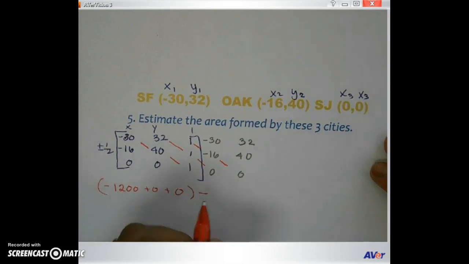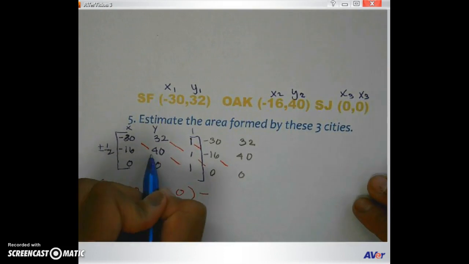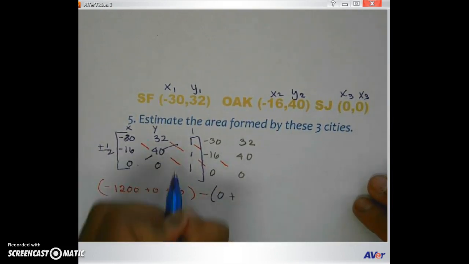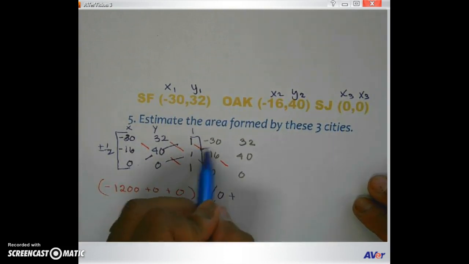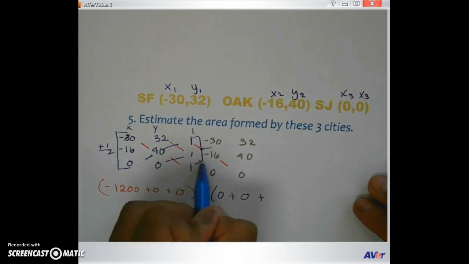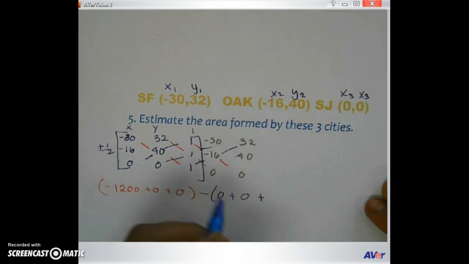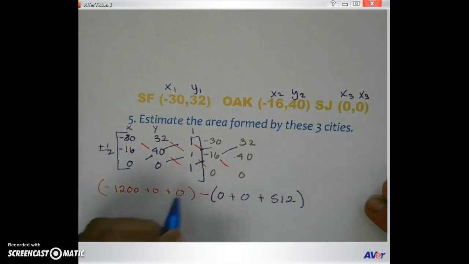And then to that, I'm going to subtract going in the opposite direction. So 0 times 40 times 1 is 0, plus 0 times 1 times negative 30, almost got lost there, that's 0, plus 1 times negative 16 times 32, which I believe is 512, because I created a cheat sheet.